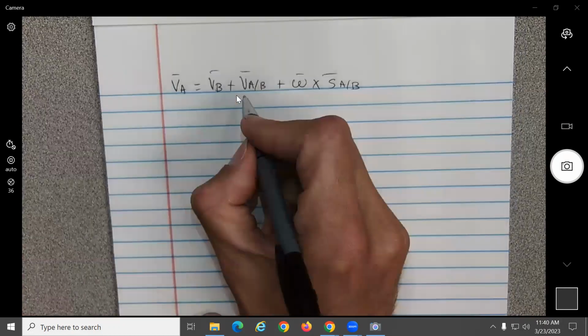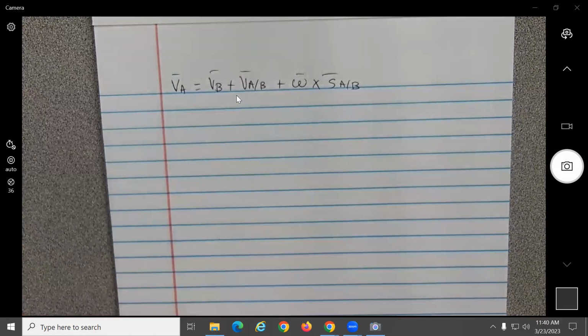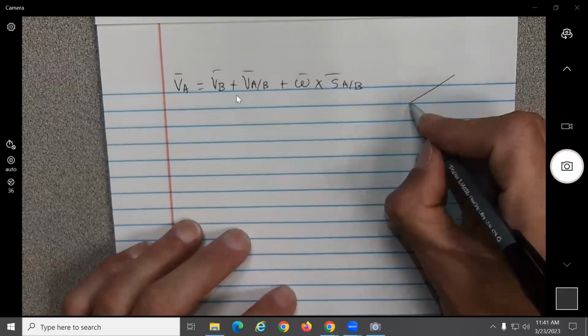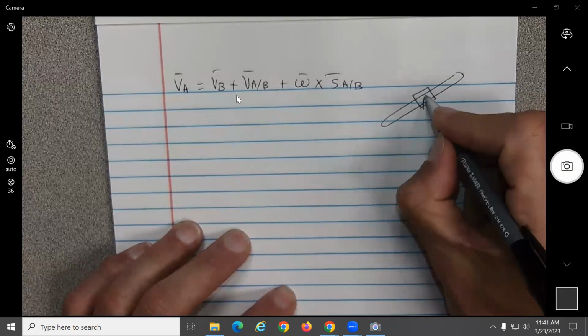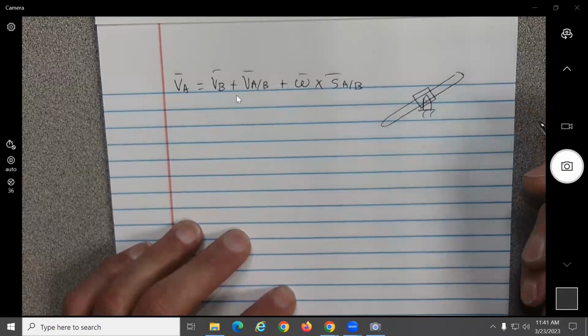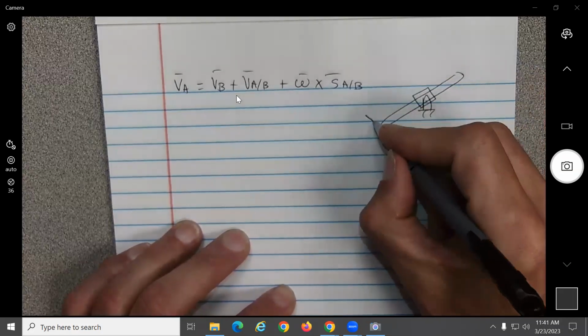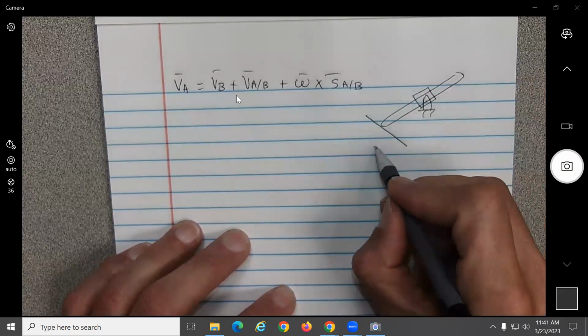When are you gonna have a relative term? When the distance is not constant. Correct, when the distance between 2 points is not constant, no? Let us look at one of the problems we did: you had a collar over here that was fixed, and a surface sliding or something like that.